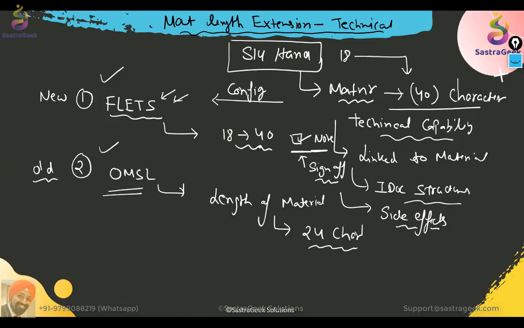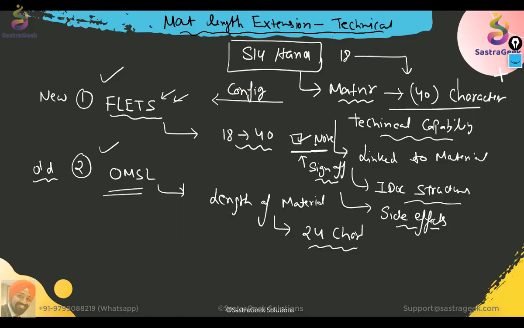Boss, you sign it off before you extend. Tomorrow, if some problem comes, you don't come and tell me that I have increased it to 40 character, I was not knowing that there can be some complication, some side effects, something which I need to take care of. Some design can break.